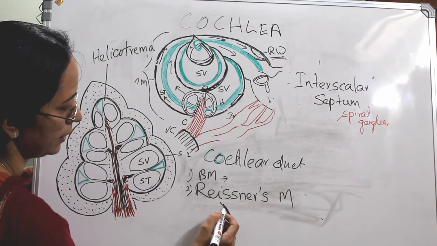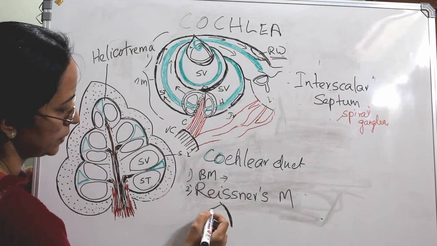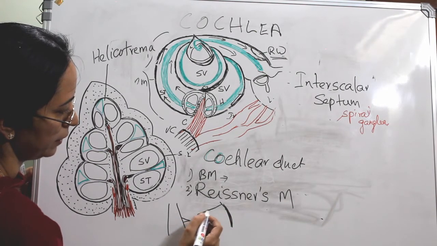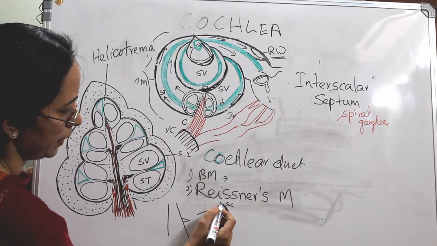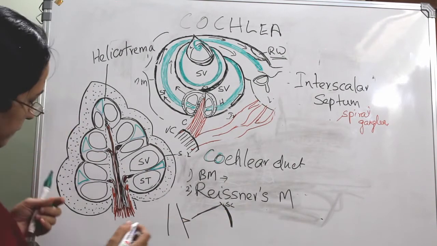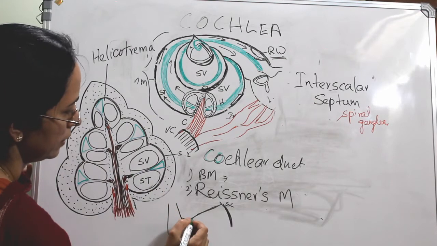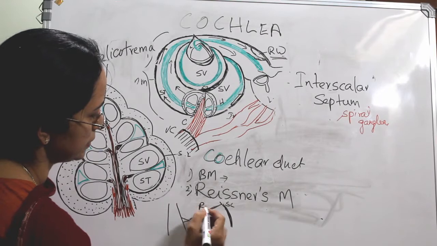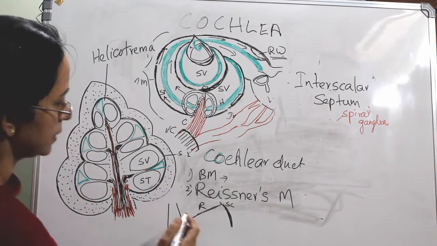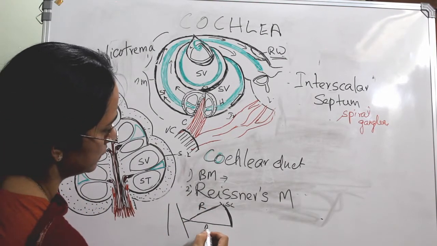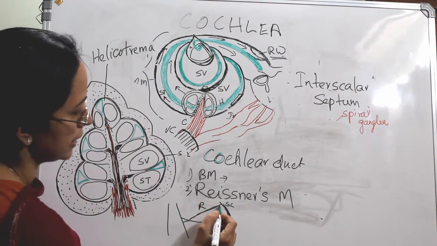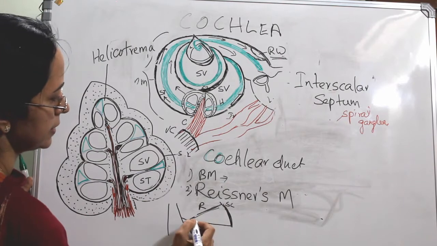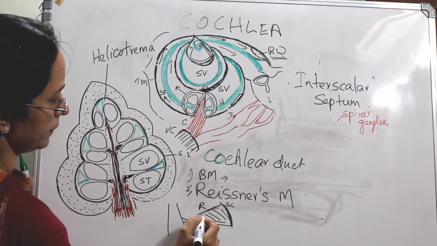From the spiral ligament, a membrane comes to the bony spiral lamina. Here this is the modiolus, this is your bony spiral lamina, and this is the spiral ligament. This is Reisner's membrane, and down comes the basement membrane. And inside this lies the organ of Corti, right? Inside this lies the organ of Corti.